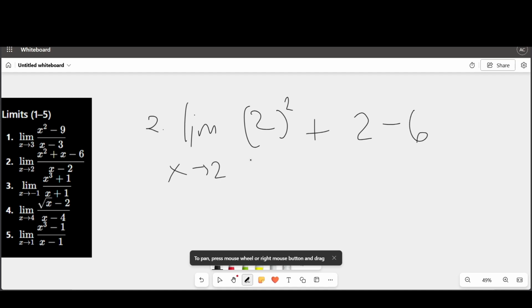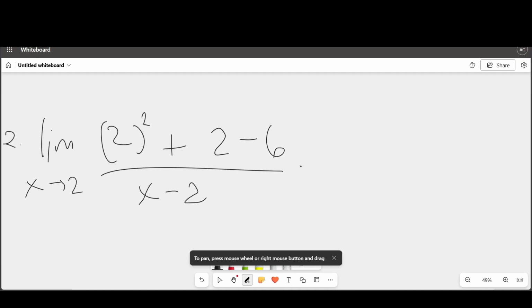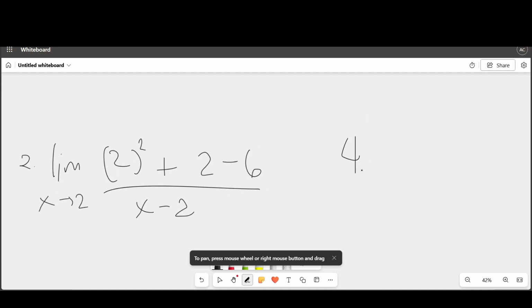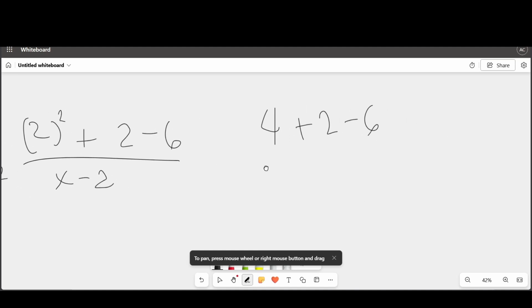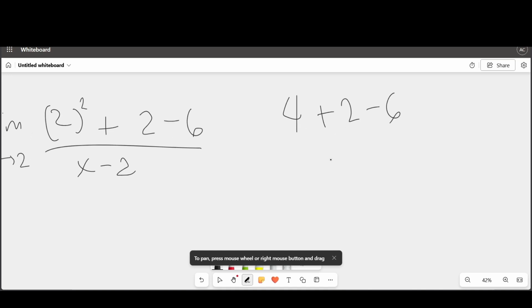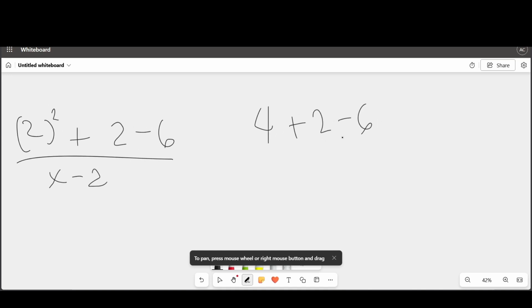So 2 squared is 4, plus 2 minus 6. 4 plus 2 is 6, and 6 minus 6 is 0. Yeah, I knew it.